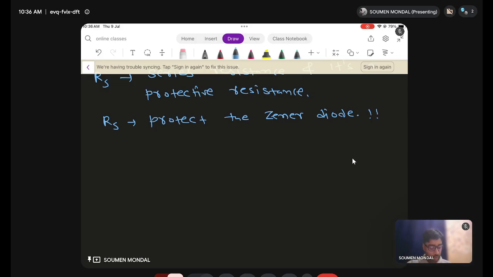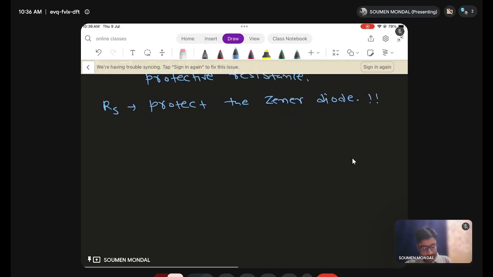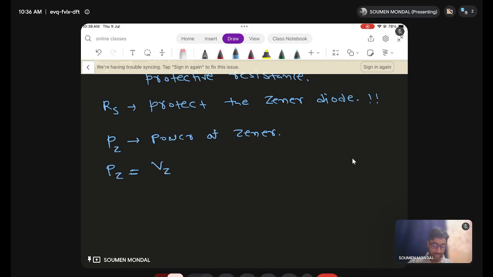So that means we know one thing, that is the power of the Zener diode. So this is also a known thing. Obviously the power of the Zener diode is given by the Zener breakdown voltage, that is the maximum voltage you can think across the Zener diode.